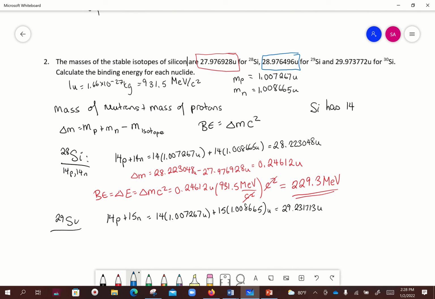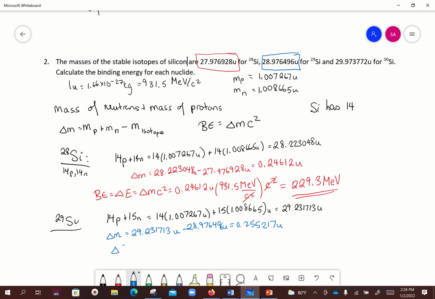So the mass of that isotope is that, so I need to subtract them. So my delta M is equal to 29.231713 U minus 28.976496 U, and I get 0.255217 U. So again, don't round these off.